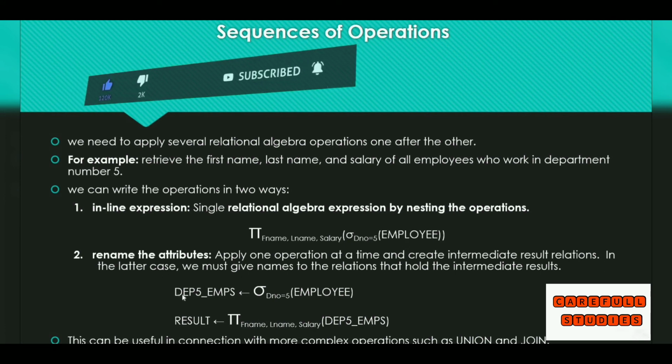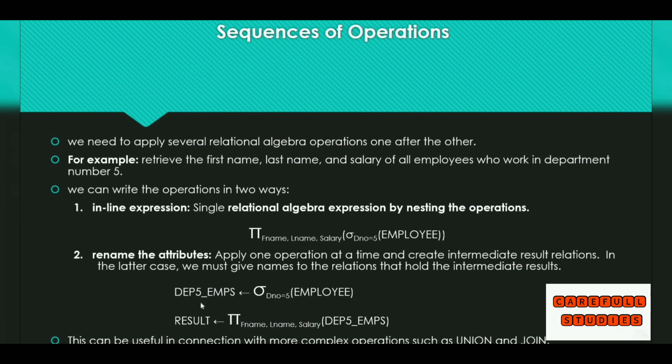Renaming the attribute: it renames the result as the department number 5 employees, selected from the employee table. The result is pi, the project operation, which has the following columns: first name, last name, salary, in department number 5. So we rename the attribute as follows.